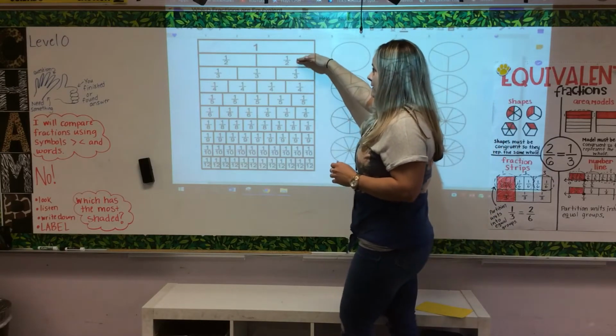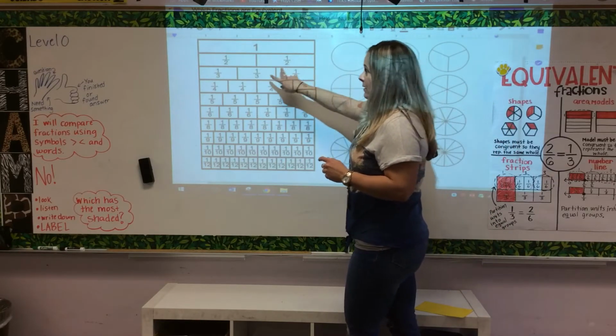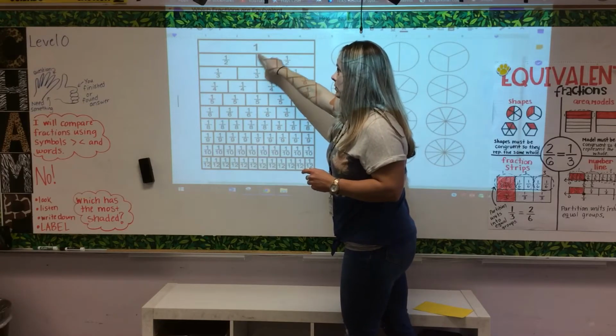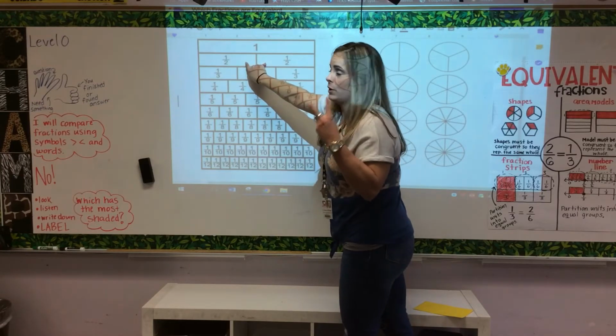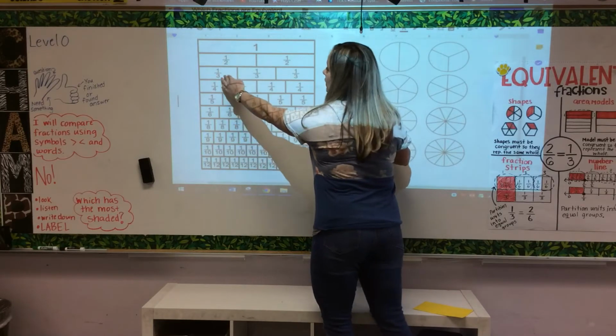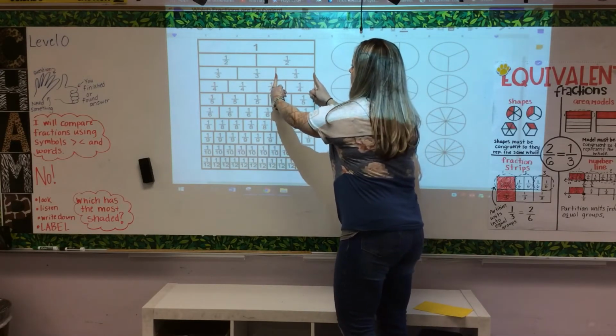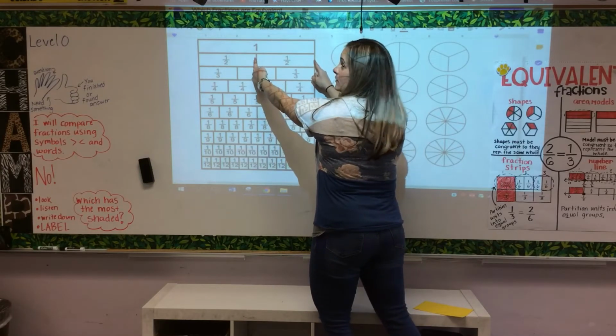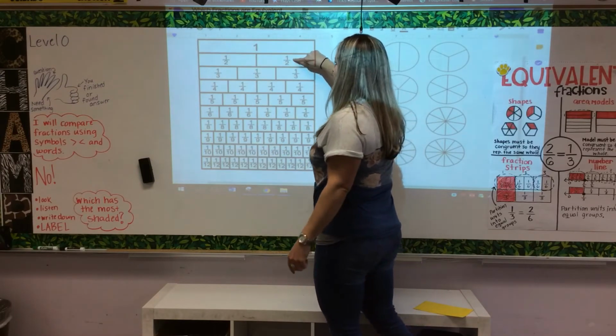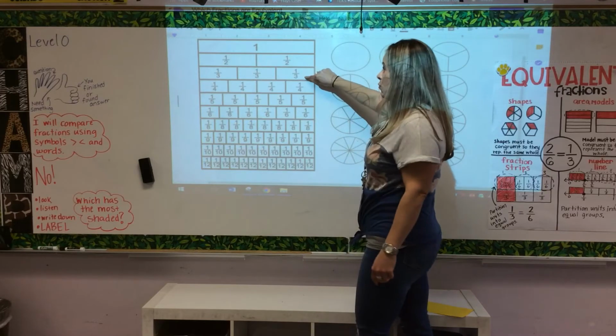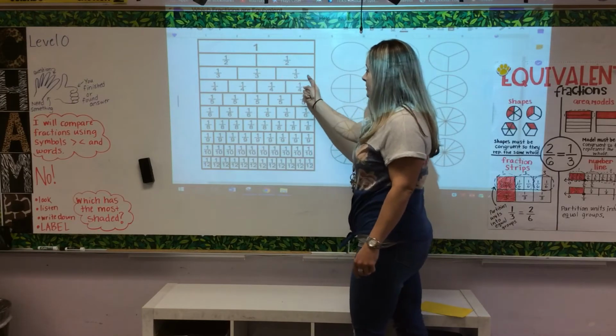So again, look at this pattern. We go from one whole, we half it, 2 parts, right? And then if you cut it in thirds, you've got thirds. So look at the thirds. 1/3 is definitely not as big as 1/2. So 1/2 is bigger than this 1/3 piece, just this one piece.